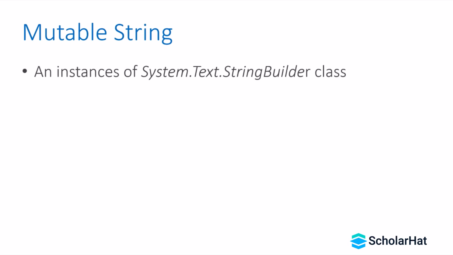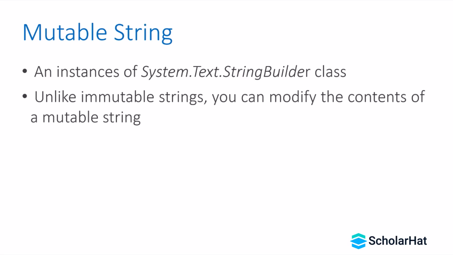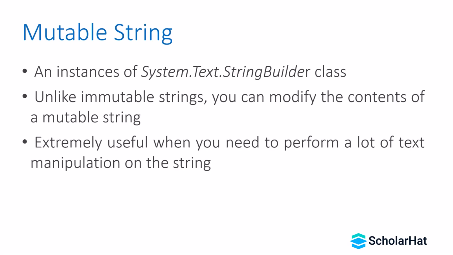We have mutable strings. So mutable strings are the instances of the System.Text.StringBuilder class. So this is an instance of the StringBuilder class. And unlike immutable strings, you can modify, you can change the contents of a mutable string. And mutable strings are useful when you need to perform a lot of text manipulation on the string.